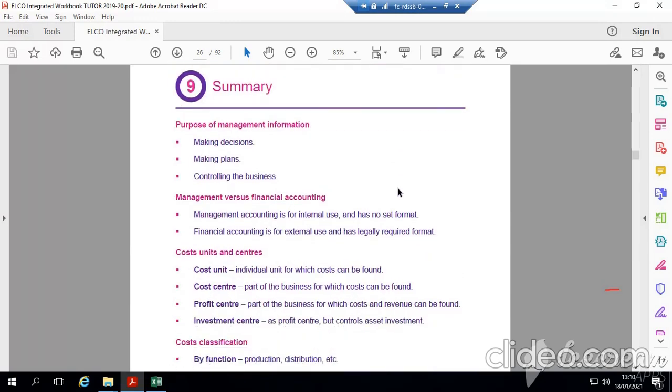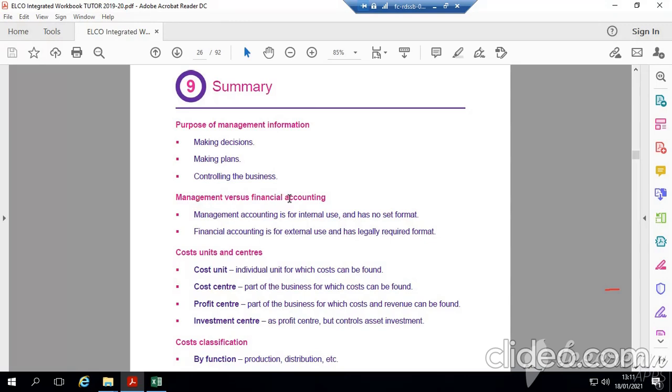The summary of the chapter is that it is important management information for decision making, for planning, and for control. Management accounting is more internal and financial accounting is more external. Management prepares reports monthly, for example for budgeting.